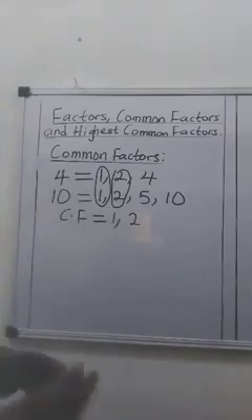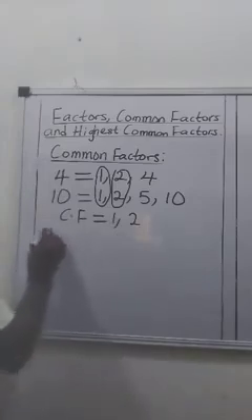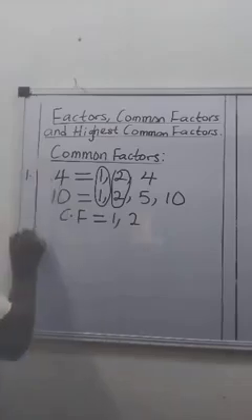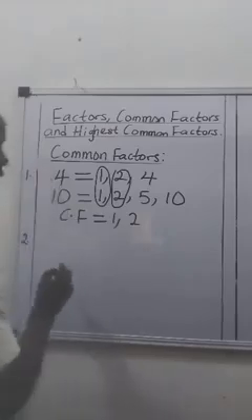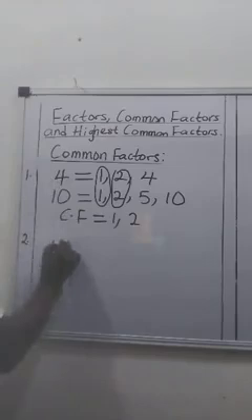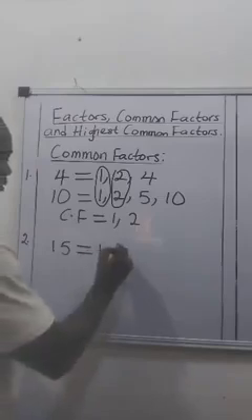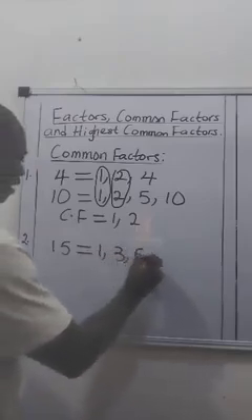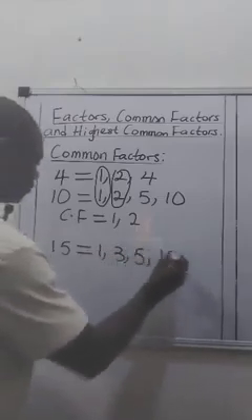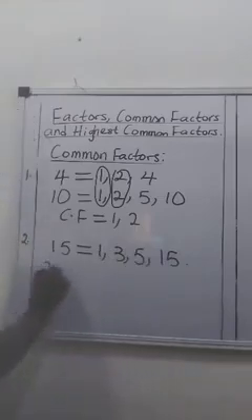Okay, let us look at another example. Let me say this is example number 1. Example number 2, let us pick 15. The factors of 15 are 1, 3, 5, and 15 itself. What about 20?